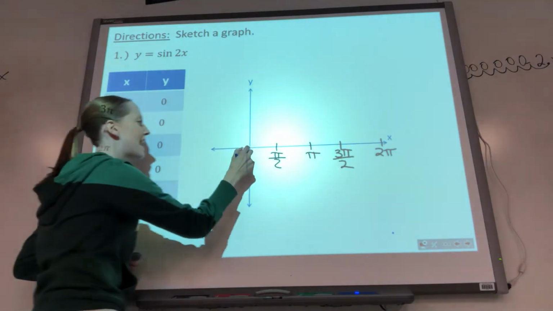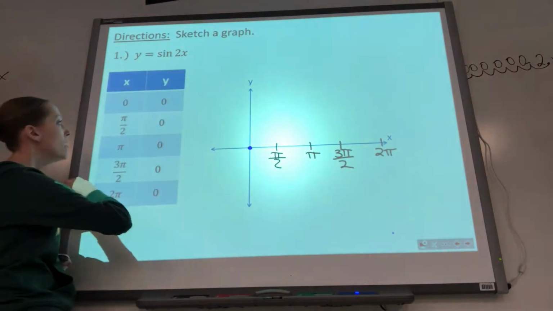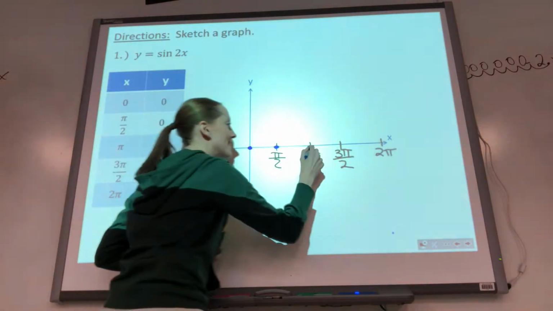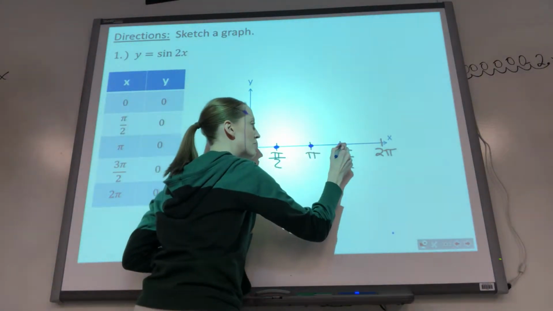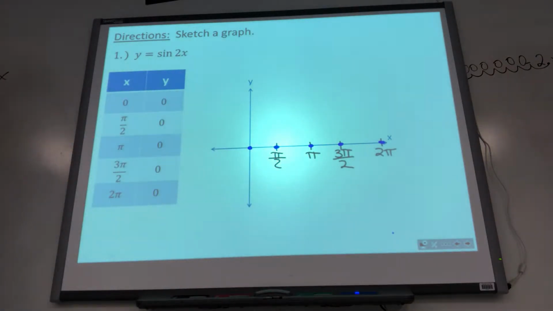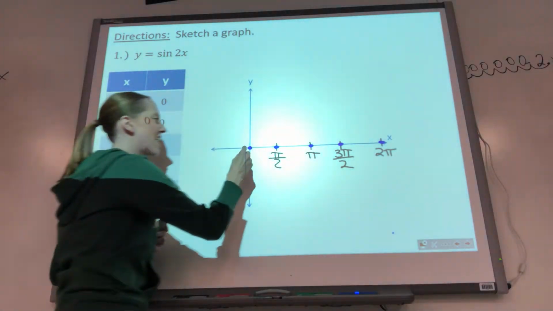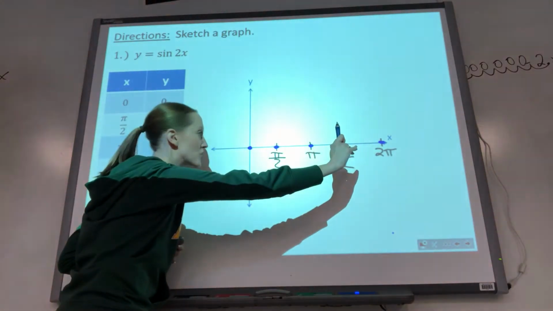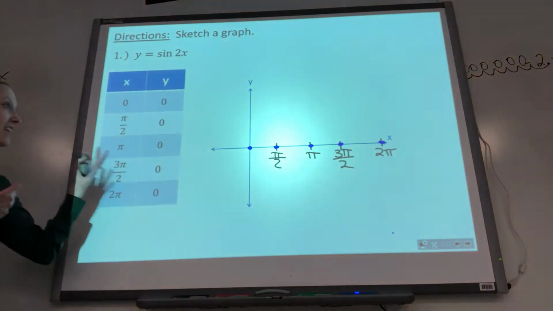There's a point at 0, 0, a point at pi over 2, 0, pi 0, 3 pi over 2, 0, and 2 pi 0. Now we know better than this. We know sine is not going to be just a line going straight out to the right or to the left.